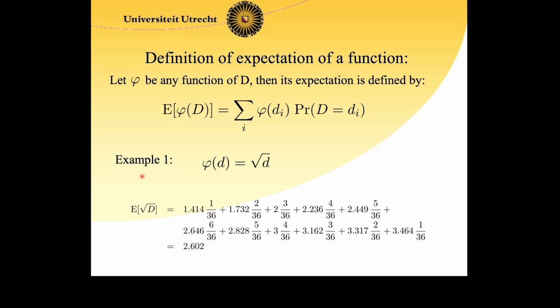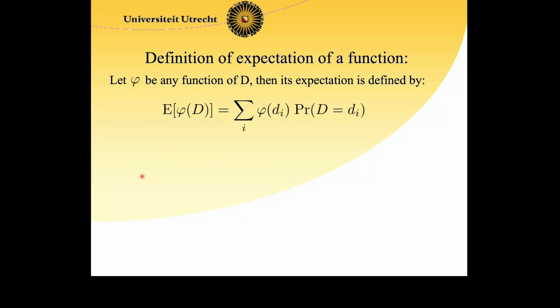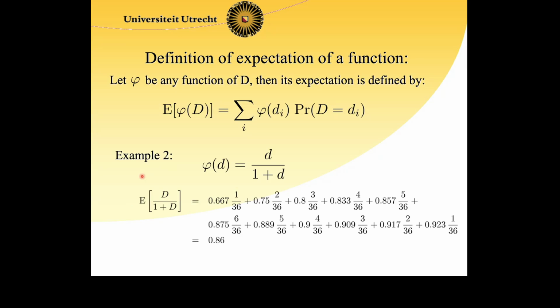So that's the expected value of the square root of capital D, when capital D is a random variable modeling the throwing of two dice. Another example: if phi as a function of d is d over 1 plus d, we get a similar series and we compute the expected value as 0.86.